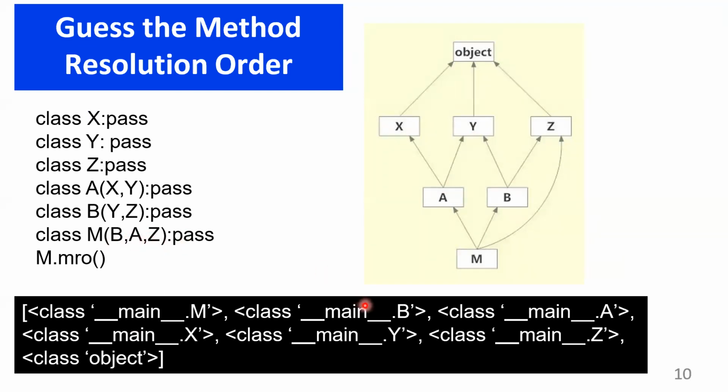So it searches in class B, then class A, then again it searches in class X and class Y, followed by class Z, because A is inherited from class X and Y. That is why after A and B, it searches in class X and class Y, and again it searches in class Z. Then if it is not found in any of these classes, then it searches in object. So this is how the method resolution order will be defined based on the order of inheritance of the classes.